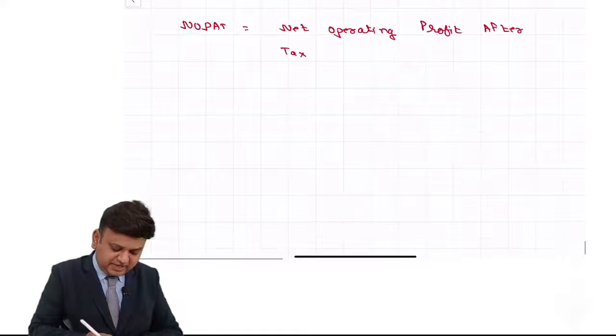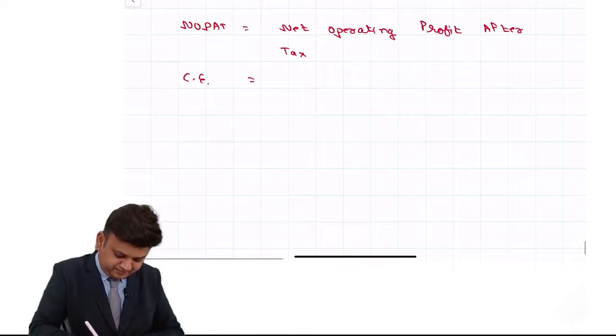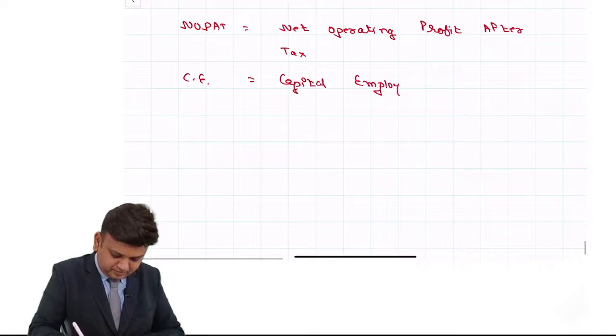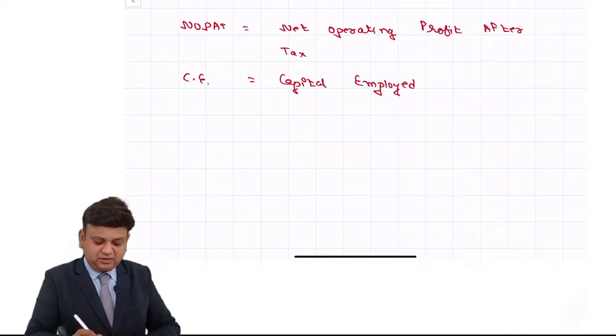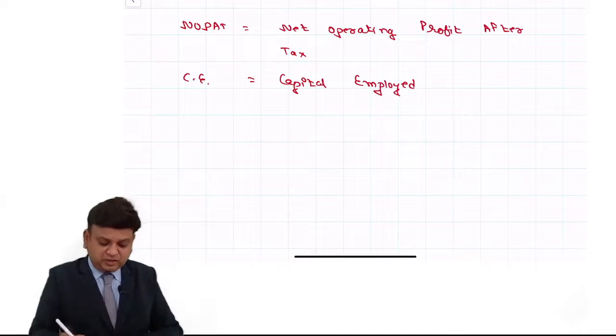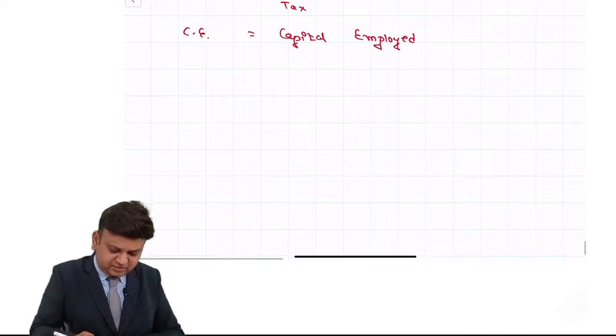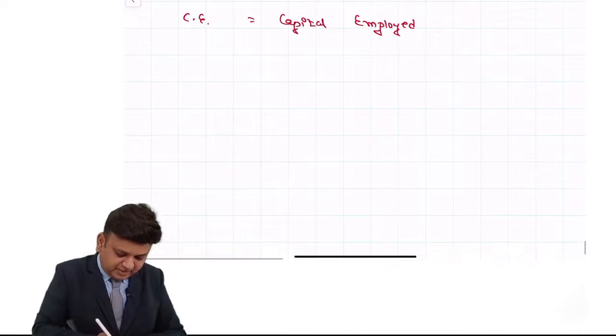CE stands for capital employed. It includes all long-term financing, and weighted average cost of capital. Write a note.